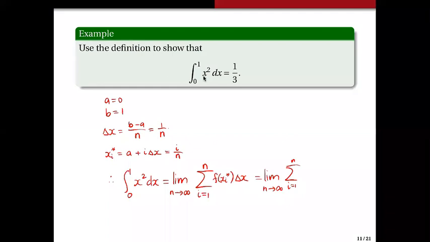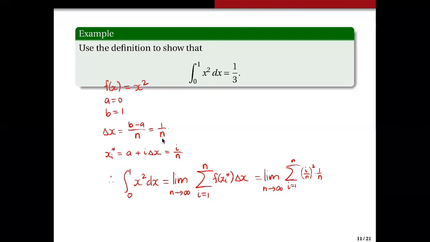Let me emphasize that your function f of x is x squared. So we will have i over n quantity squared times delta x. Sorry, delta x is 1 over n, so times 1 over n.